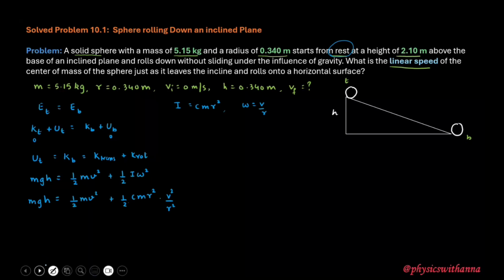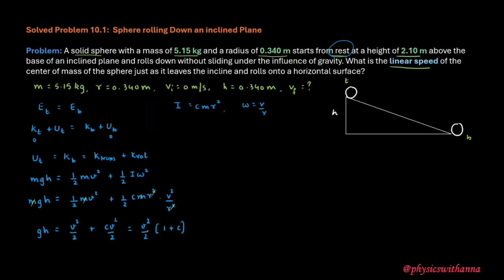Now let's cancel off the common terms. We can cancel off the m's here, r squared and r squared. Then we are left with g times h to be equal to v squared by 2 plus c v squared by 2. Now let's take v squared by 2 common. V squared by 2, and then you are left with 1 plus c.